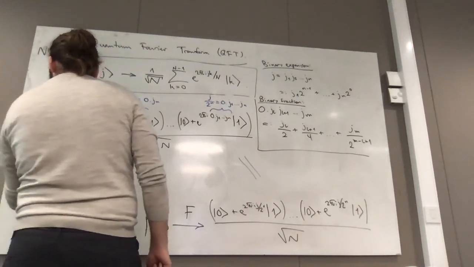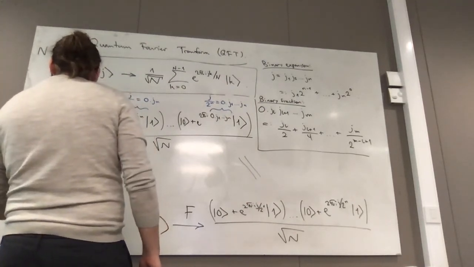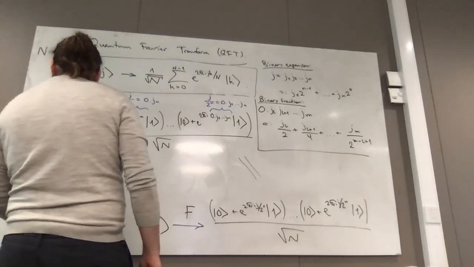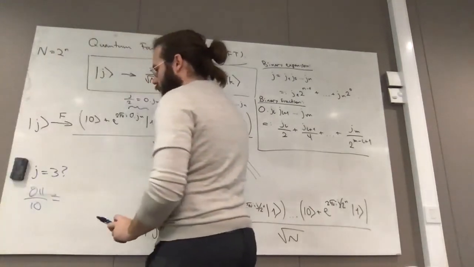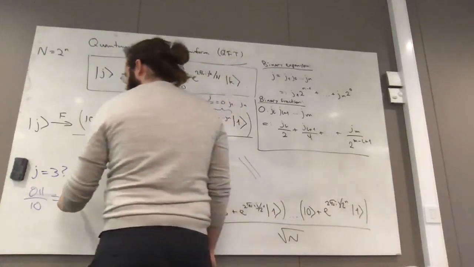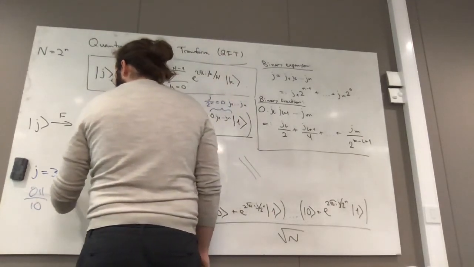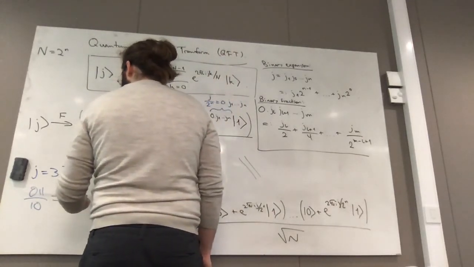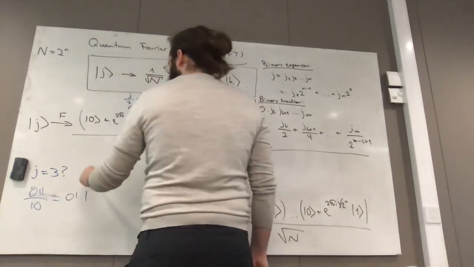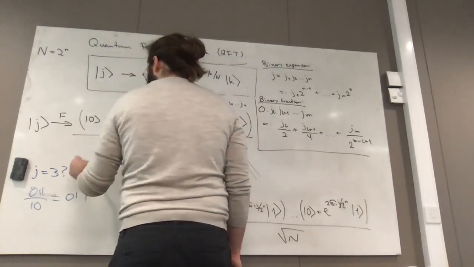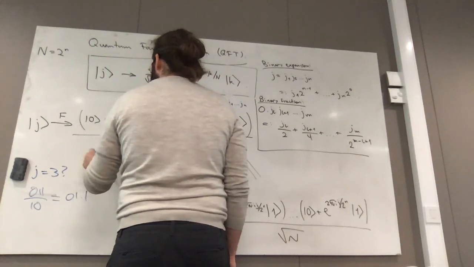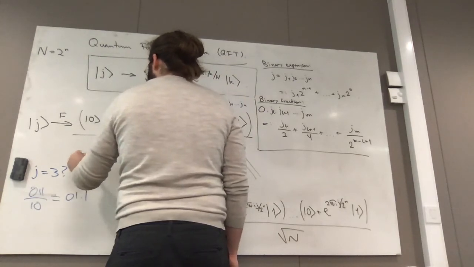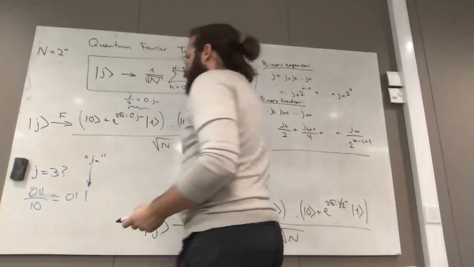No, that's not true. 0, 1, 1 divided by 10. Okay, yeah, I guess that kind of makes sense, because you get 1, 0, 1 times 0.1. So this thing is Jn in that case.